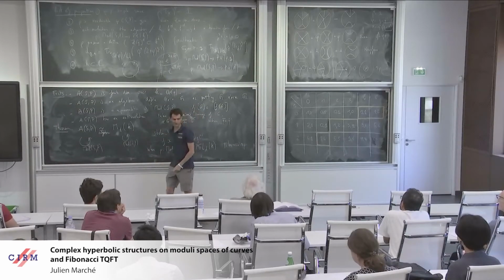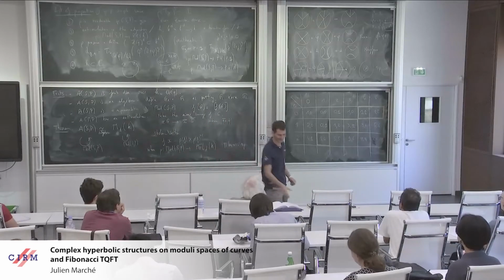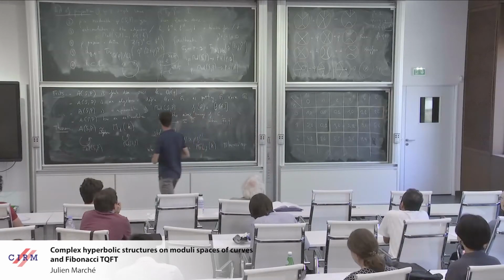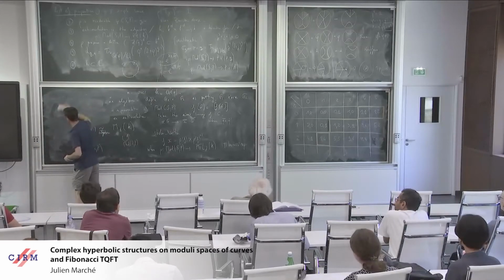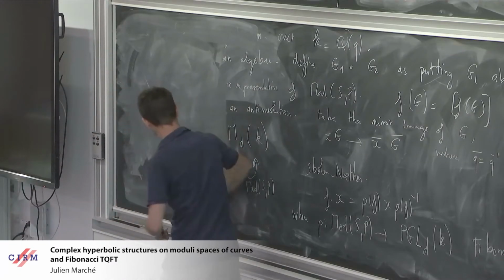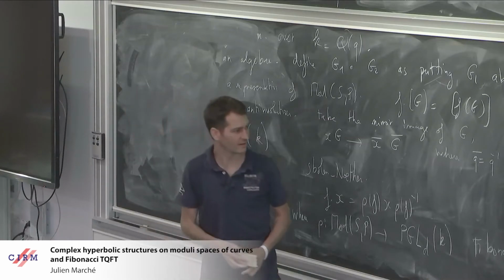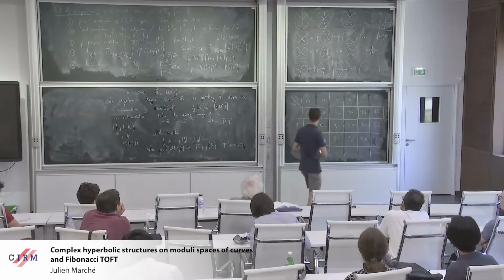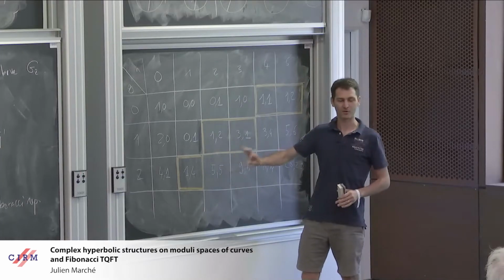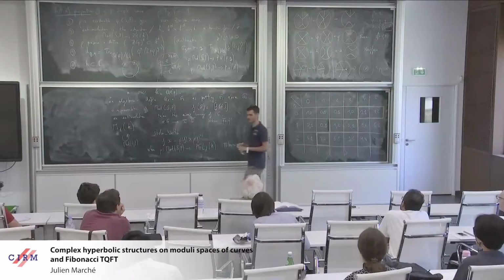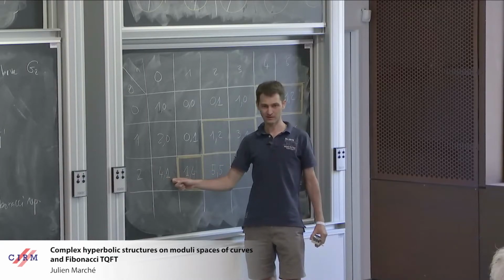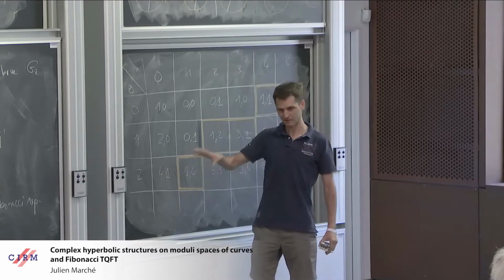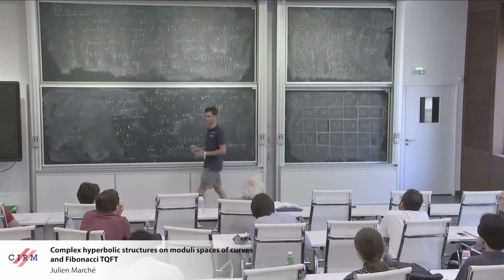So the picture in orange corresponds to complex hyperbolic structures on moduli spaces. Of course, you see here there is a 1 in the signature, so it means that you have some hyperbolic geometry here, but it doesn't go into my story.